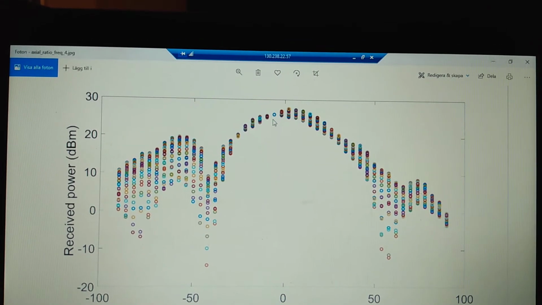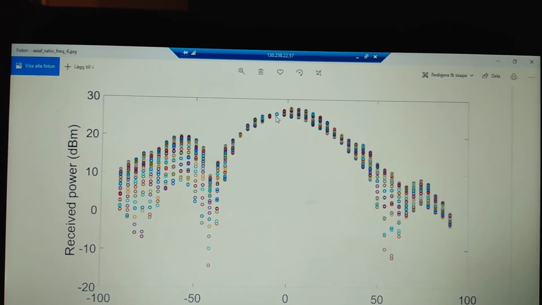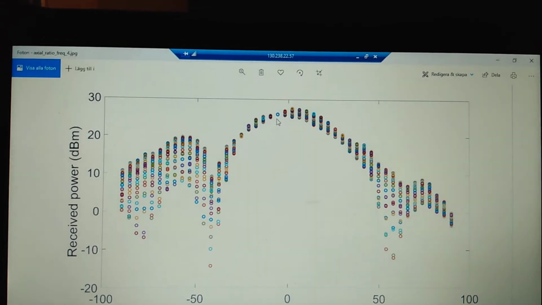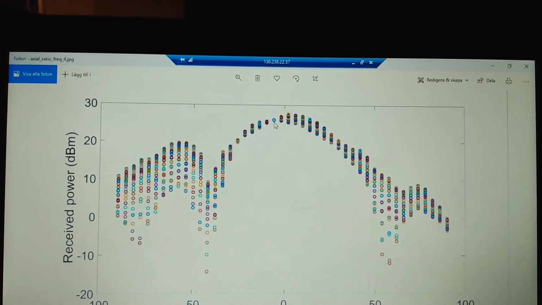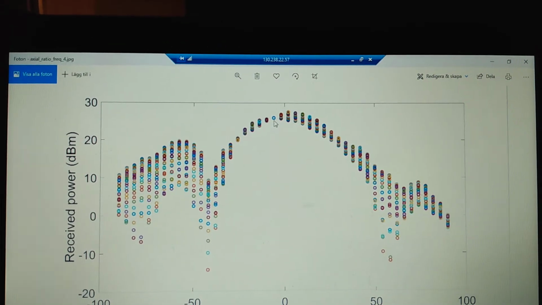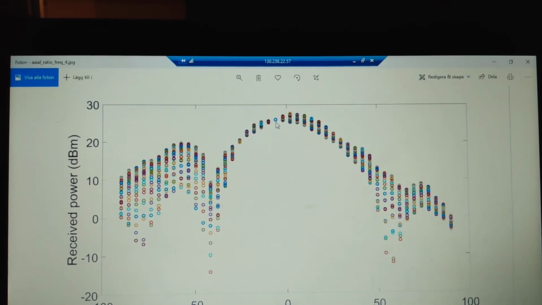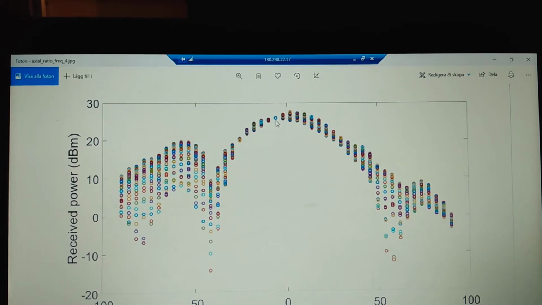Likewise, you see at the angle over here at around minus 6 degrees, we just see one circle. It means that the antenna is perfectly circular polarized at this place.